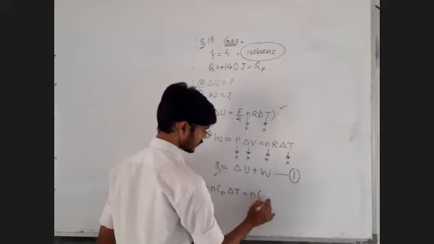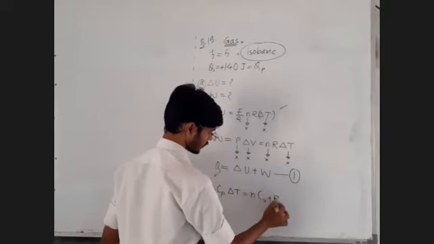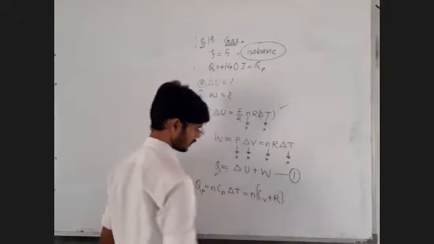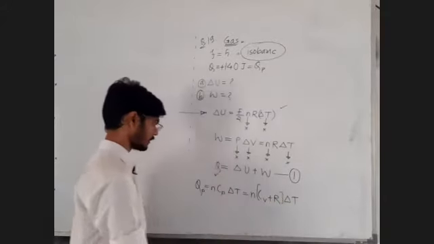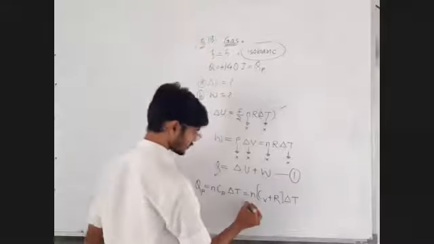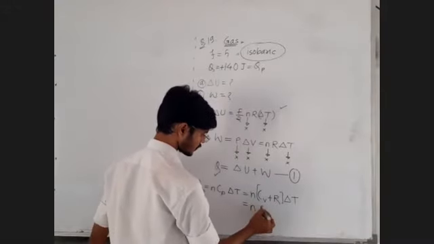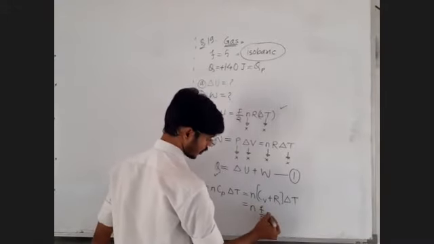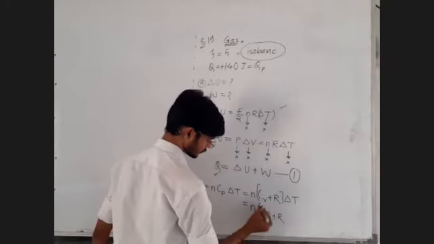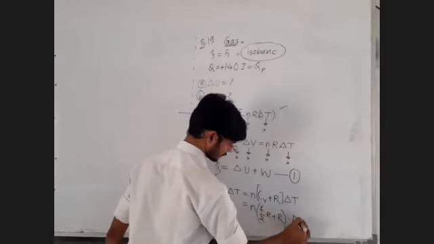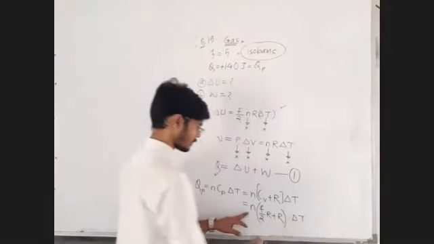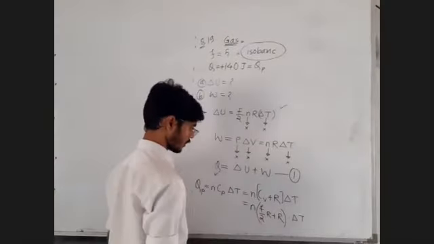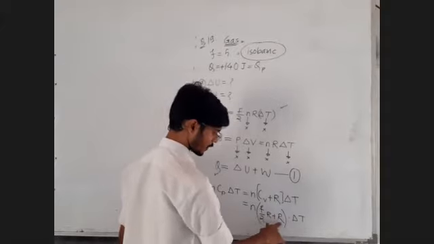Now Cp is equal to Cv plus R. Yes, sir, Cp is equal to Cv plus R, into delta T as it is. But sir, Cv is equal to f by 2R, so it is f by 2R plus R into delta T. So this R is common, and this is f by 2 plus 1.